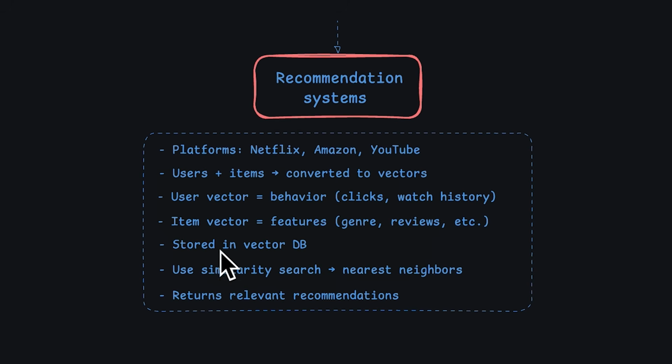Then, on top of this data that you have inside the vector database, you can perform similarity search using the nearest neighbor search algorithms and then return the relevant recommendations to the users. So this is how you can build recommendation systems using vector databases.